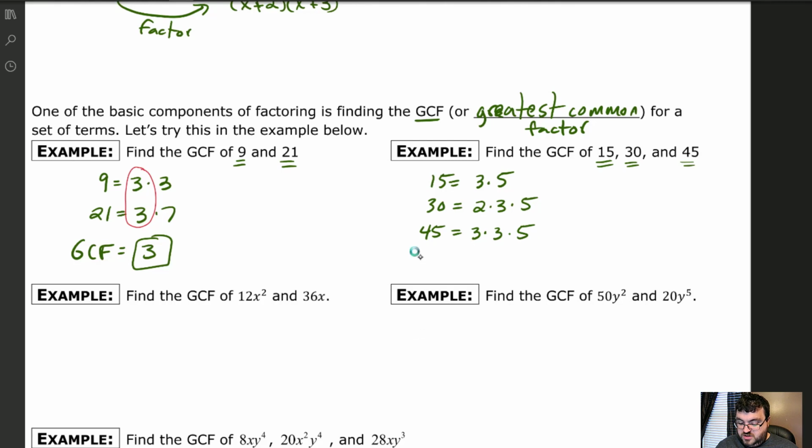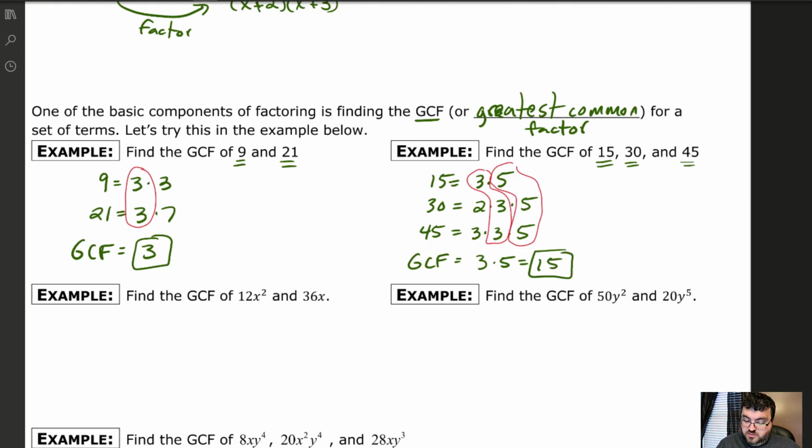So if you look, the GCF of this would have a 3 in it and a 5 in it. Everything has a 3 and a 5 in common. So the GCF for these 3 numbers would be 15.